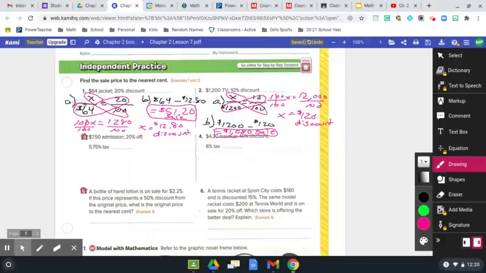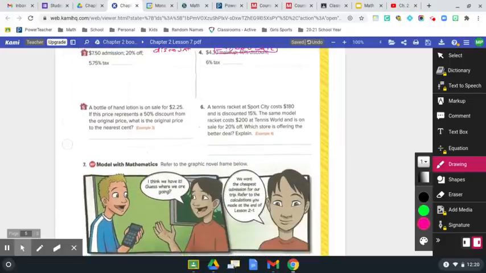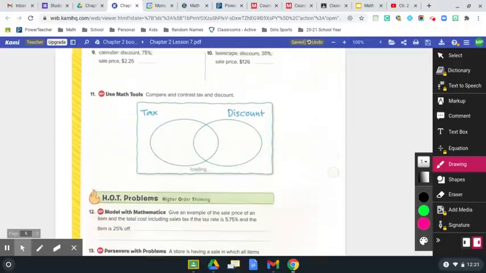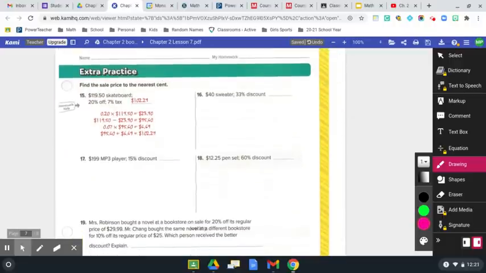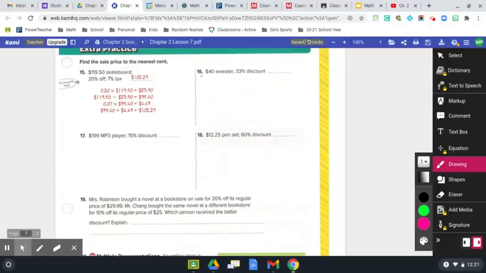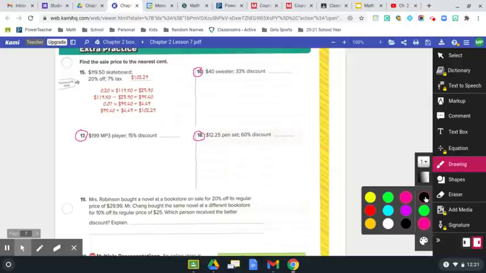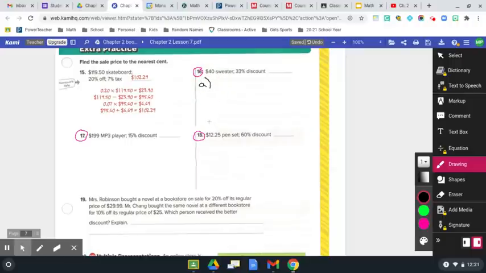Okay, so I want you to try a few of these. So you're going to scooch to the extra practice. And that is going to be on page 165. So you're going to take a few minutes and do number 16, number 17, number 18. And you're going to do the 2 steps because it says find the sale price to the nearest cent. So do a step A, do a step B on all 3 of those.